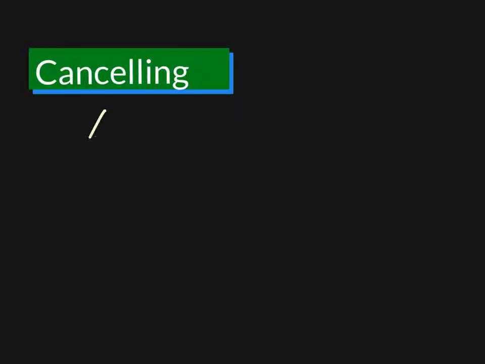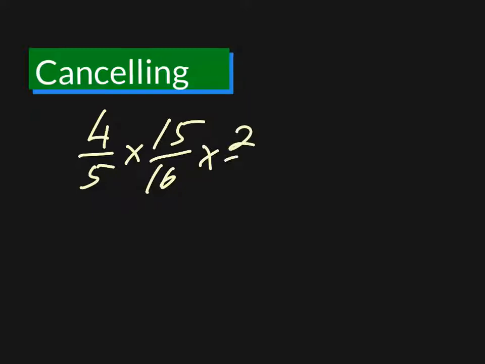Now you can multiply more than two fractions. So let's say you have 4/5 times 15/16 times 2/3. Now you can cancel with more than two fractions, but just remember that you need to divide the same number into one of the numerators and one of the denominators.